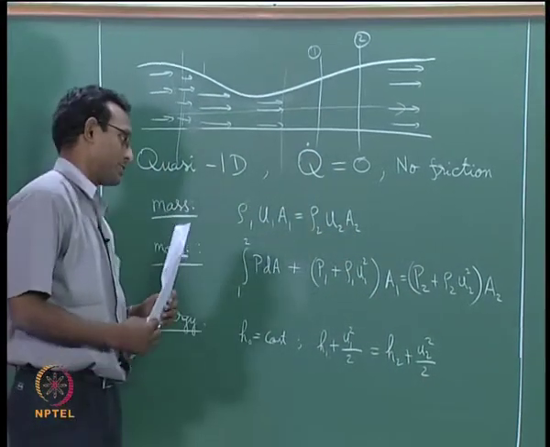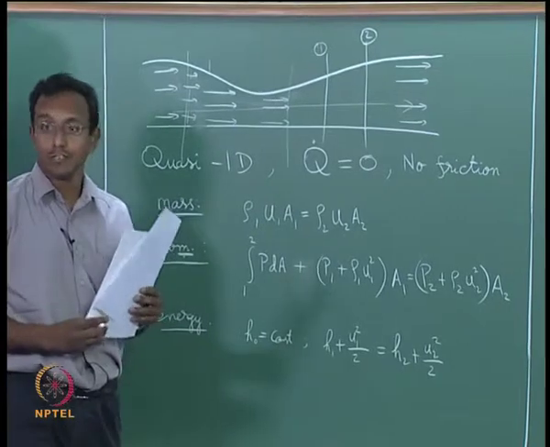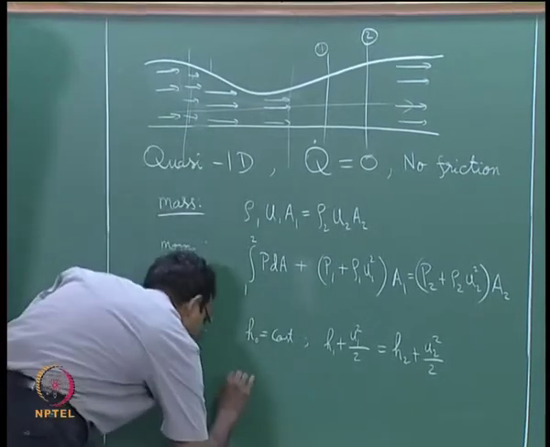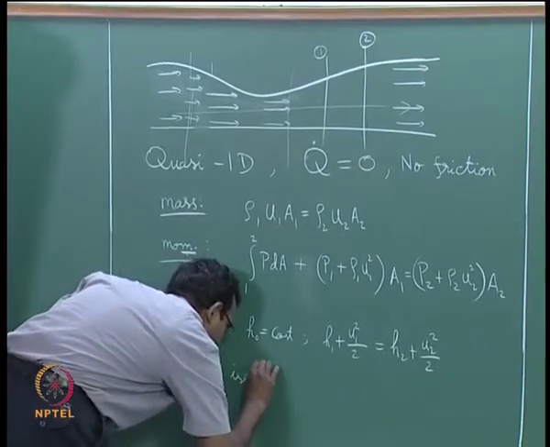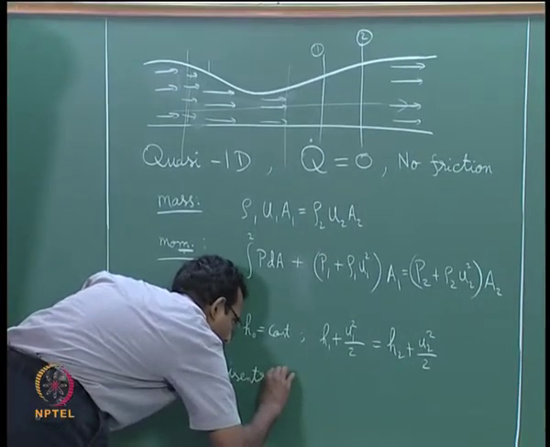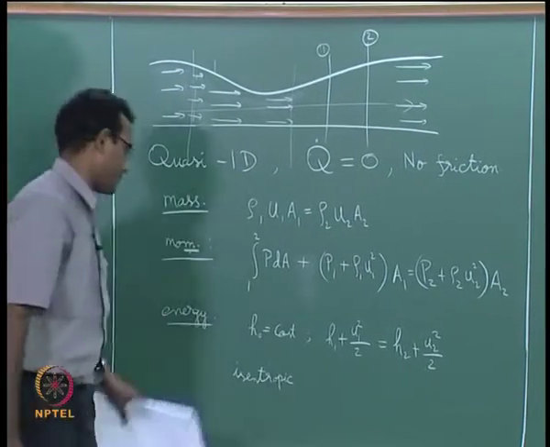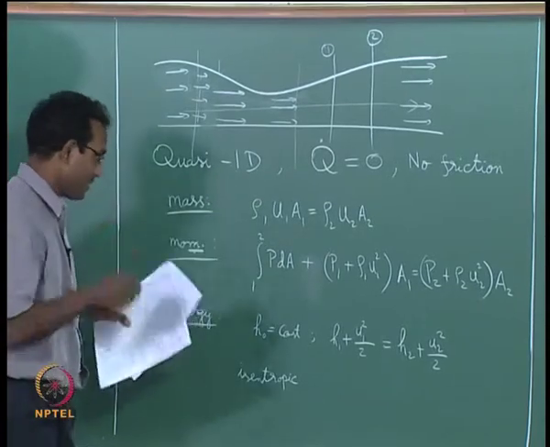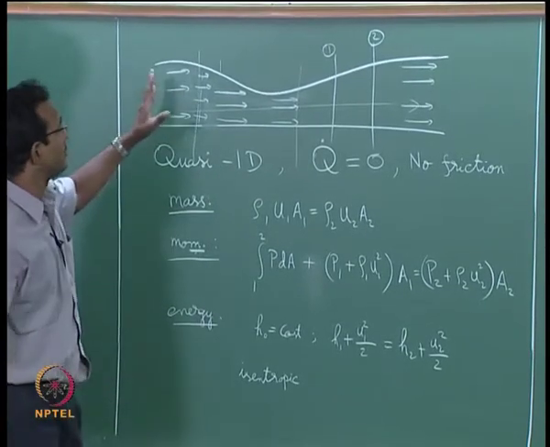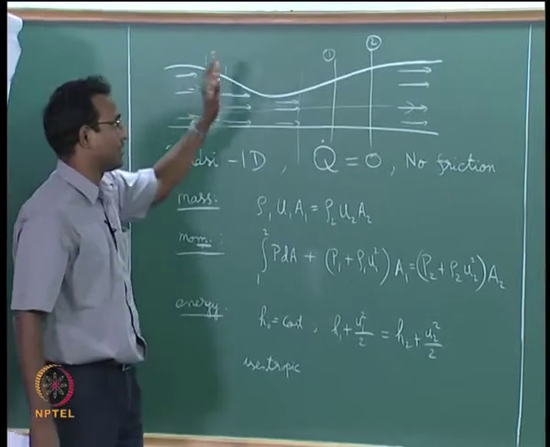Okay. That is going to be this form. We will also assume that the flow is isentropic. Extra assumption.